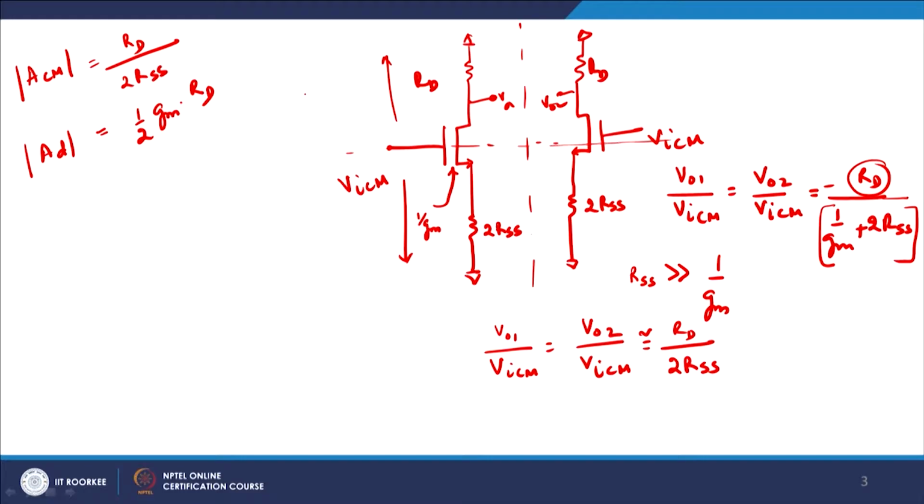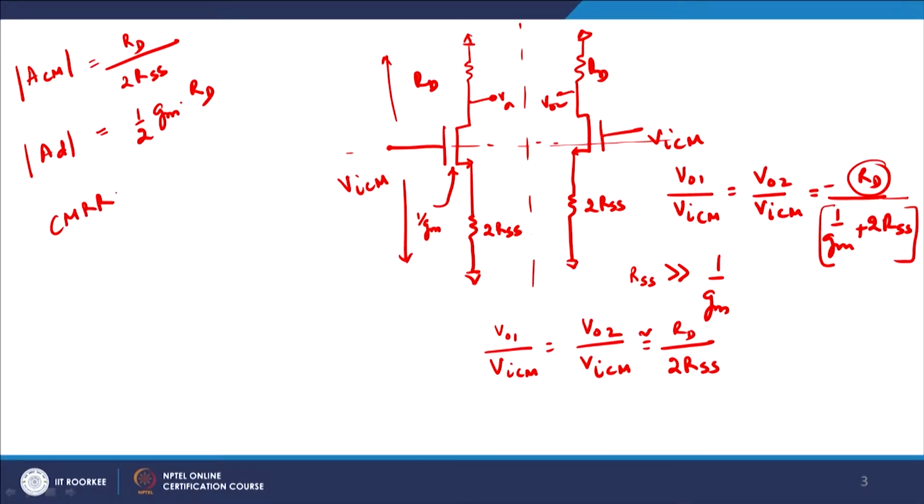Why 1 by 2? Because now I am trying to find out the gain for a single circuit. So, that is the reason it is not GmRD, it is GmRD by 2. If it would have been differential, you multiply it by 2 and you get GmRD. And therefore, I get CMRR, which is the common mode rejection ratio, equal to AD by ACM, mod of that, and if you work out this overall picture, I get Gm times RSS.